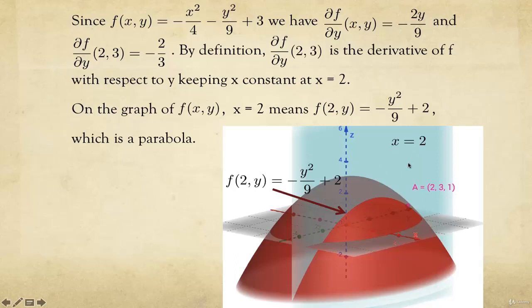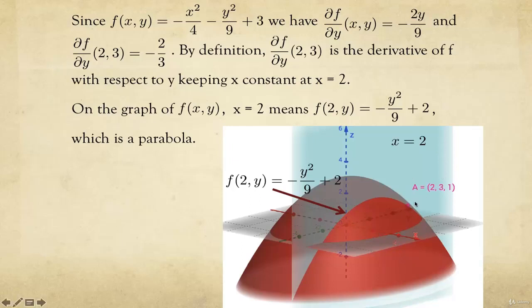The turquoise plane right here is the plane given by the formula x is 2. So every point on the turquoise plane has the property that x is always 2. And so if the ant is at this point A, and is only allowed to move in the y direction, meaning that x has to be constant at 2, then the ant can only move in the direction given by this plane.